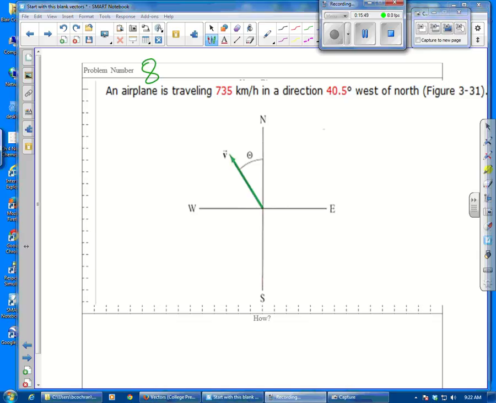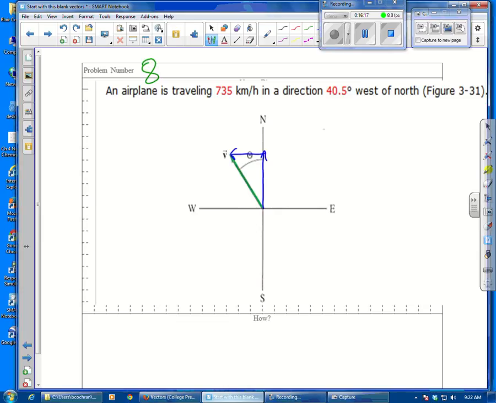So I need to find the northerly and the westerly components of my vector here. So I'm going to draw in those two components. My northerly component would go that direction. My westerly component would go that direction. So I have this triangle, a right triangle now.